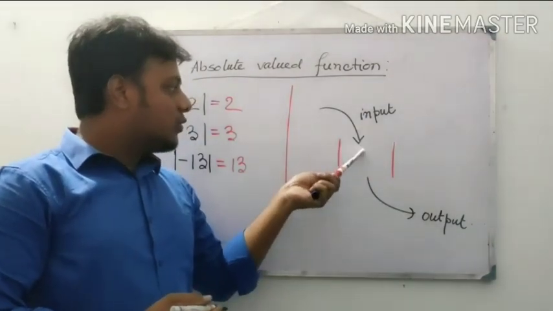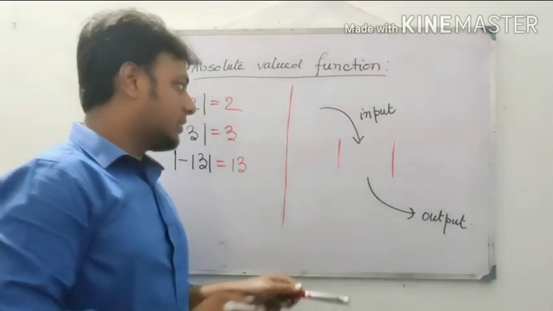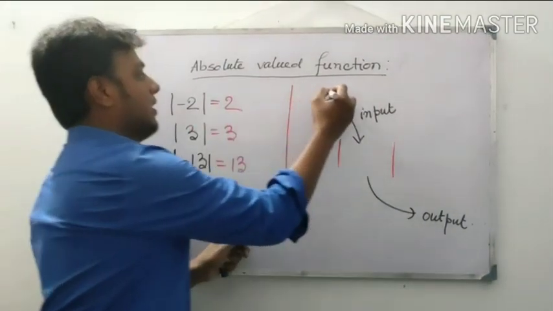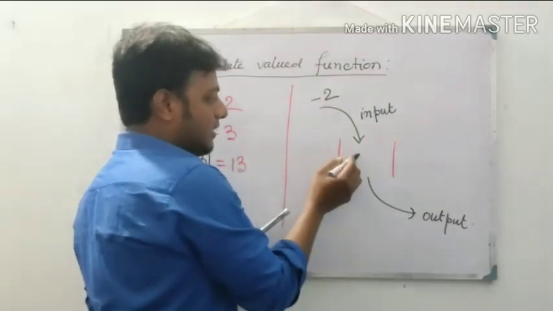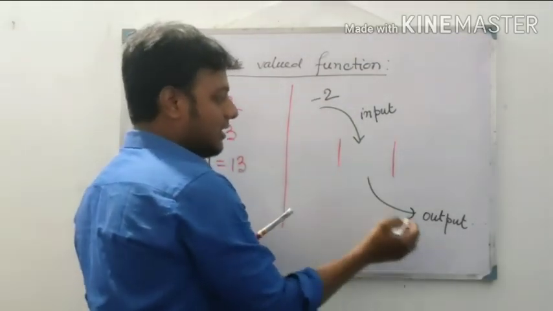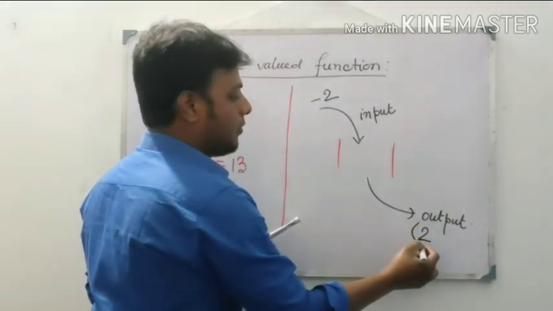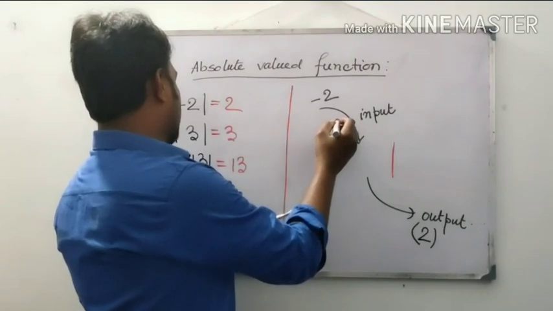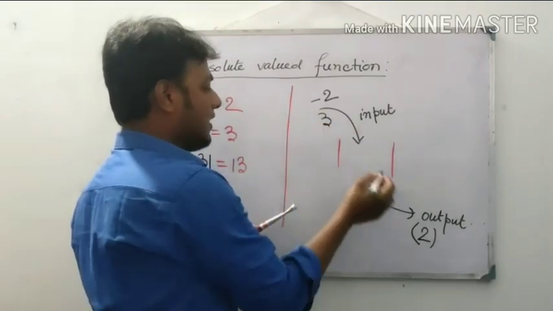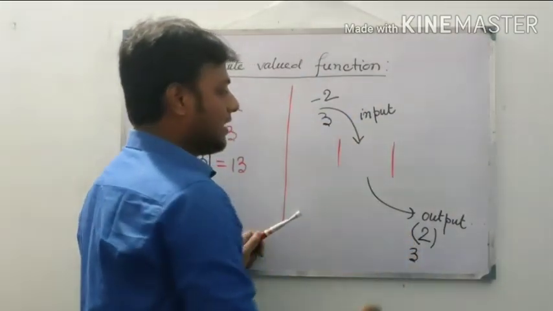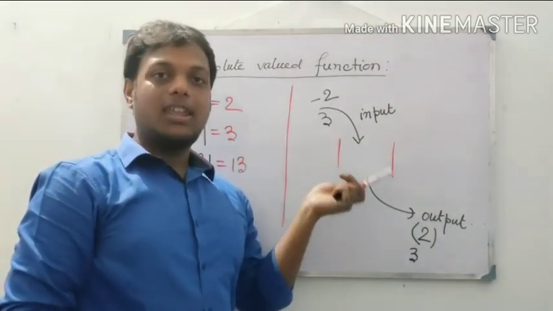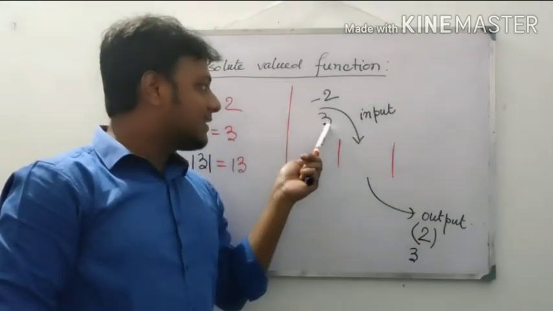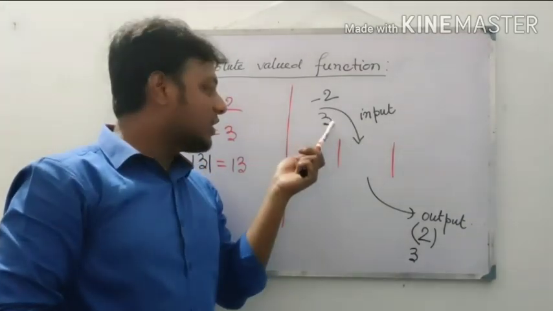If we give an input a negative number, suppose minus 2, then after conversion in this machine, the output is 2, only positive. And if we give input 3, then it remains unchanged, since the machine is for converting a number to its magnitude, that means to positive. Since 3 itself is positive, there is no change.